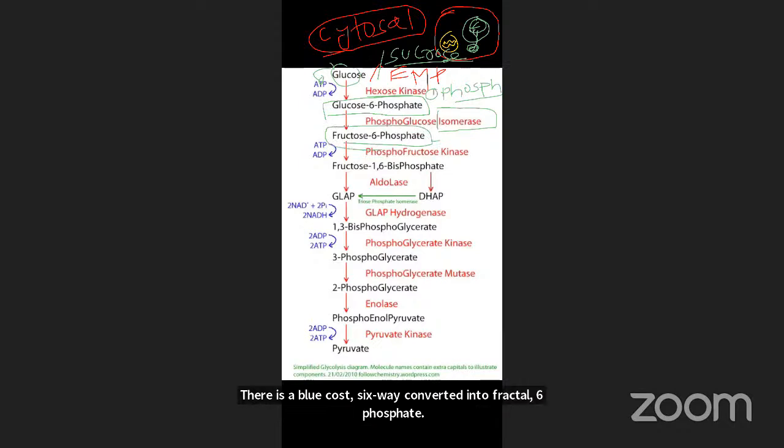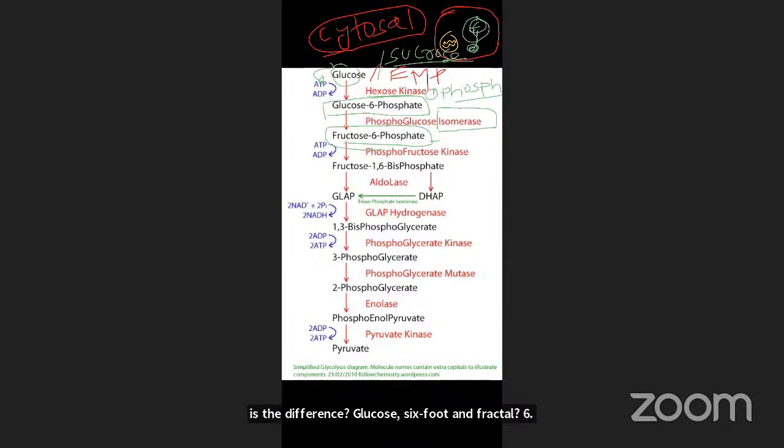What is the structural difference between glucose 6-phosphate and fructose 6-phosphate? Glucose has a CHO group, an aldose group. Fructose has a ketone group. They are isomers of each other, but the functional group is different.